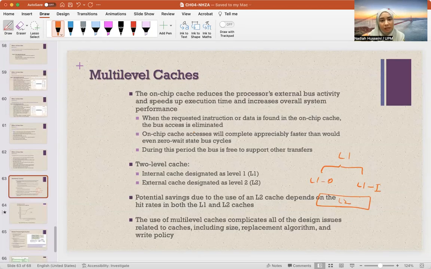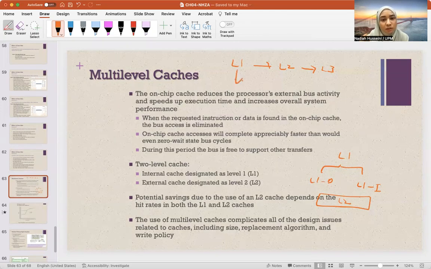So multi-level cache, I believe I have touched on this slightly. We have L1 and then we have L2 and then we have L3. This was in the earlier lectures of this chapter. L1 is the fastest, L2 is faster, L3 is the slowest.